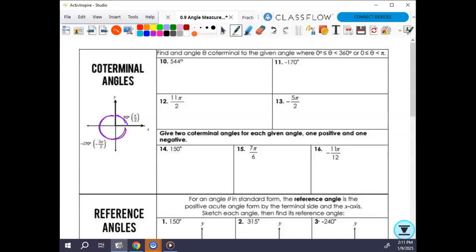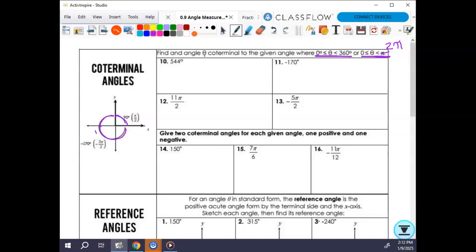Think about the track that's out there, it's 400 meters for one lap. So no matter where you start, every time you count another lap, you're adding 400 meters every time, right? So same idea here. But what our directions say is find an angle theta, coterminal to the given angle, where theta is between 0 and 360, or, and then it says 0 and pi, but that should say 2 pi, something I keep forgetting to change.